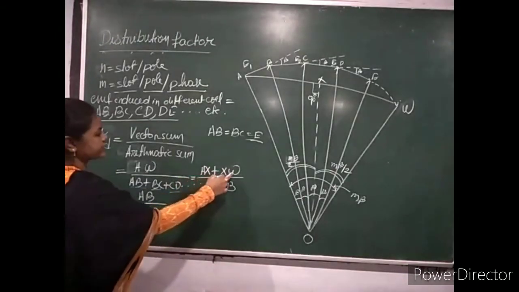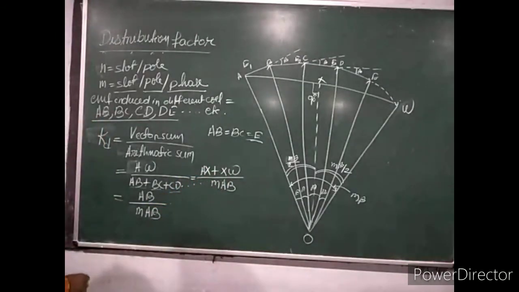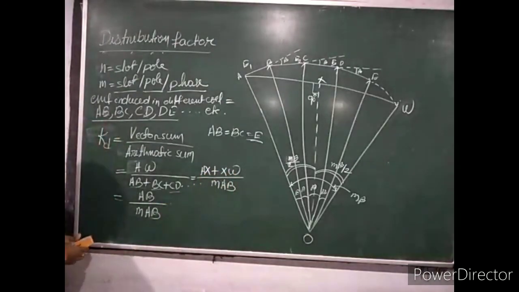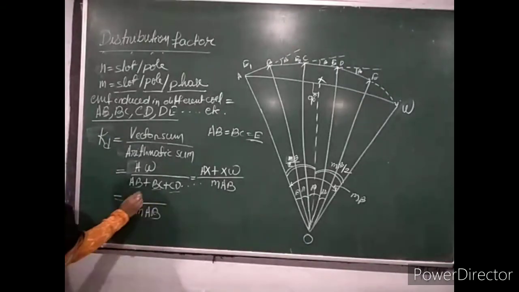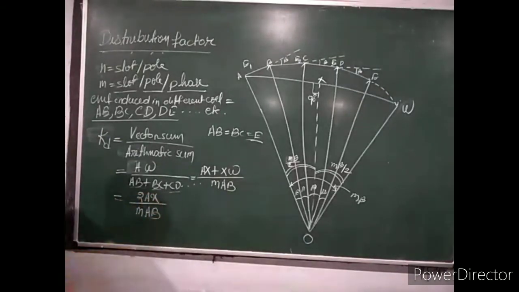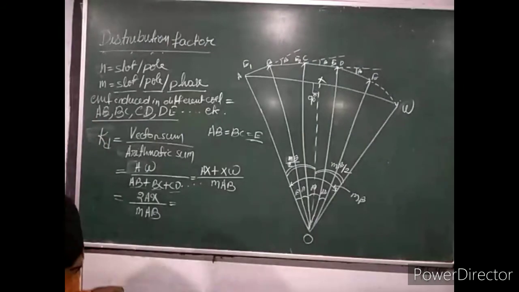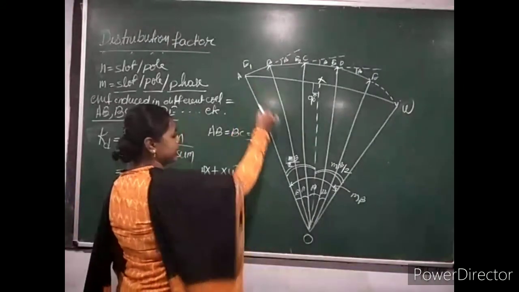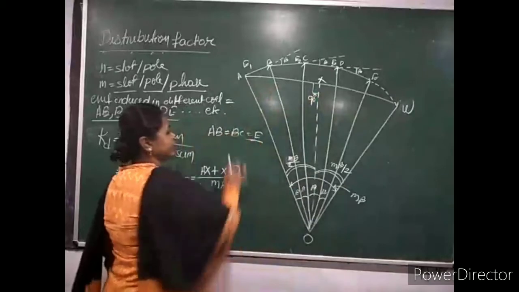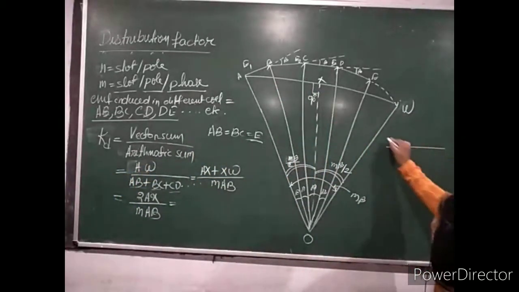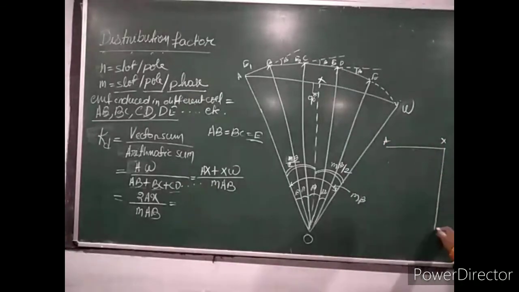AX and XW are equal, so in place of AX plus XW, I write 2AX. Now you find AX from this triangle AXO.